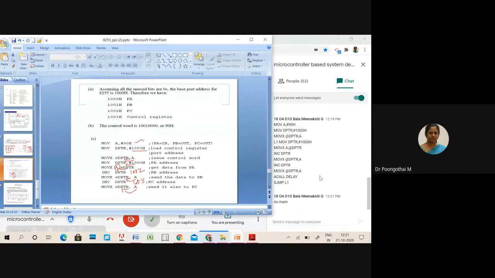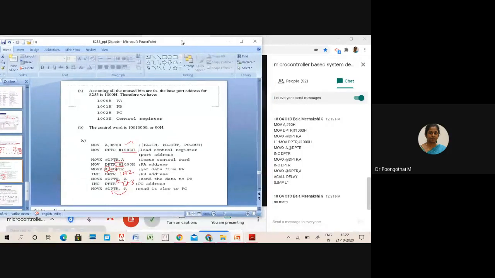Any interfacing diagram may be given, and you are asked to solve it to find out the port address, control word, and one application. What about other students? Any doubts? Shall we move on to the next control word?